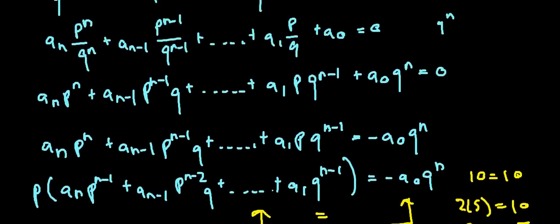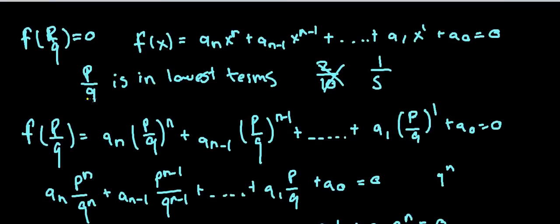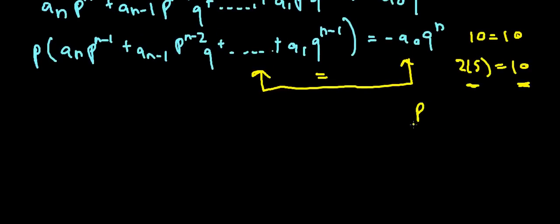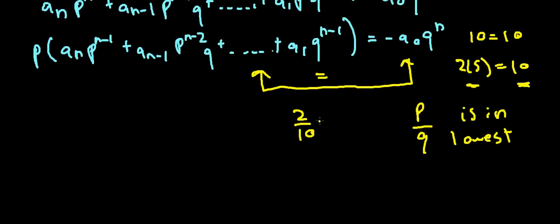And now we need to use the part that I mentioned earlier: p over q is in lowest terms. When something is in lowest terms, that means there are no common factors that we can divide out. Like our earlier example, 10 over 2 has a common factor, so it is not in lowest terms. But 5 over 1 is in lowest terms. These two numbers have no factors that we can divide out, other than 1.